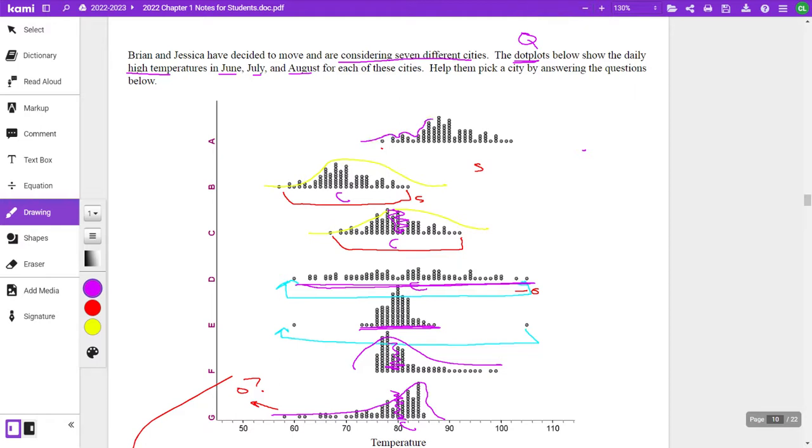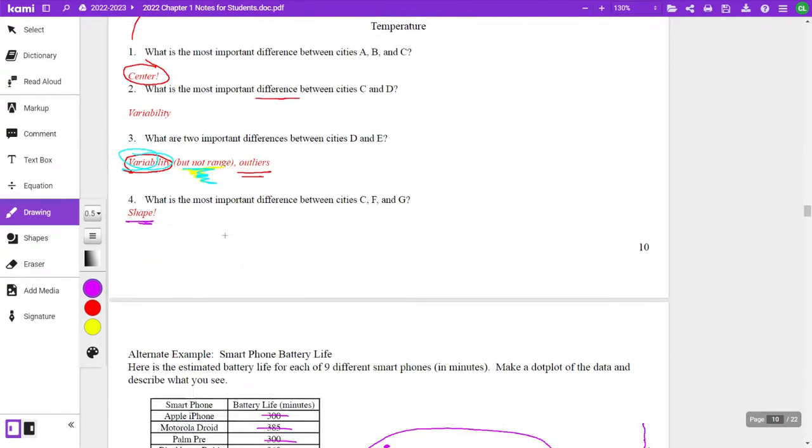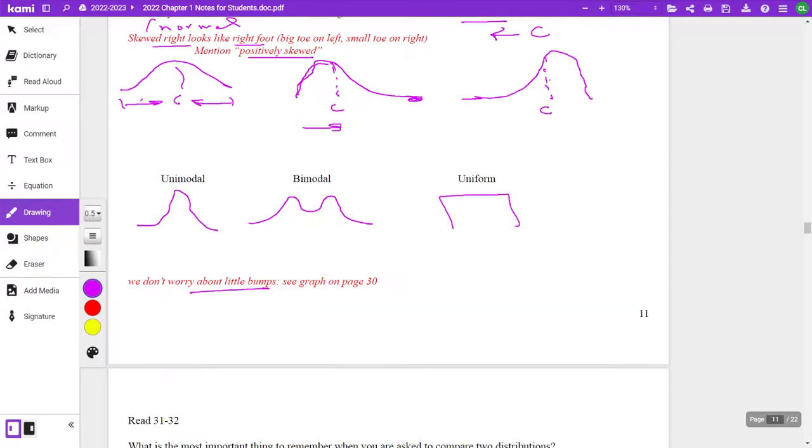Don't worry about the little bumps. What you want to do is cover the general pattern, almost like connecting the tips. You want to make them smooth. That's the idea behind it. Make it nice and smooth. I'm going to try 0.5, see how that goes. So don't follow all the little bumps and everything like that.